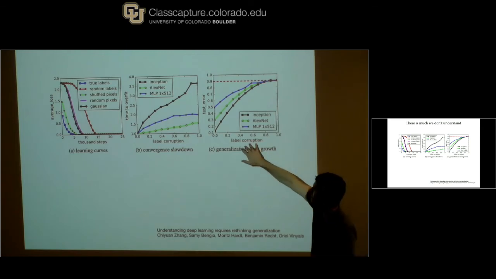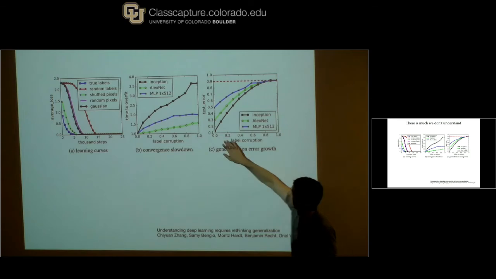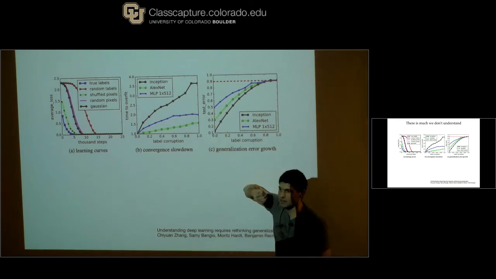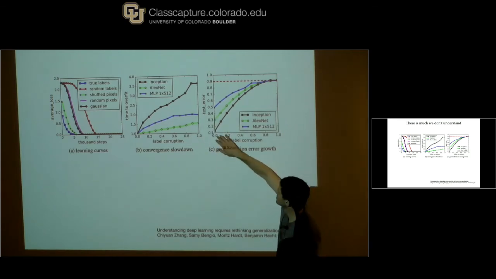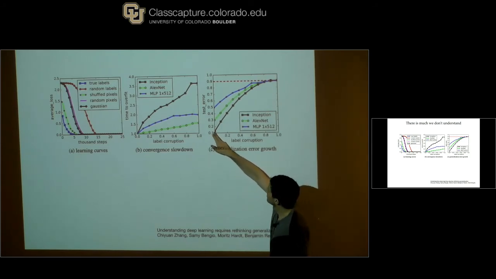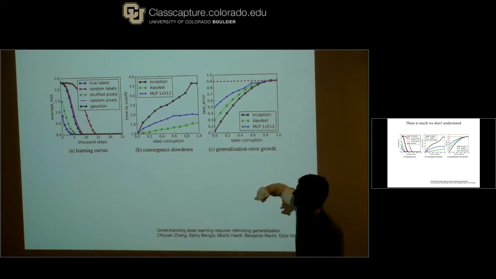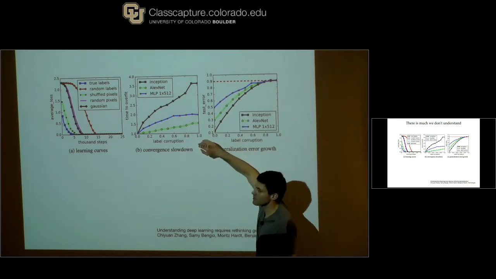So in particular on this right graph, as a function of that label corruption fraction, you can look at the test loss, the performance on the test set, going from all true labels. This was not a binary classification. This was 10 classes, so 0.5 is not chance. 0.9 is chance.